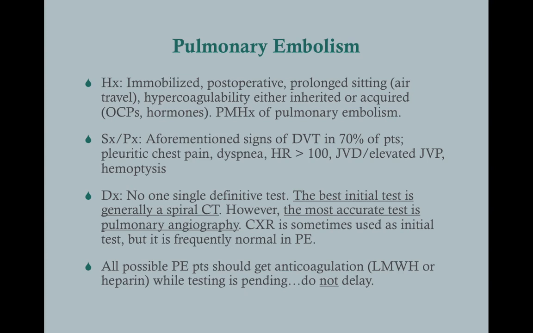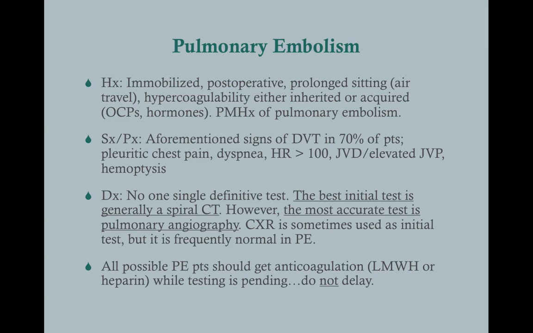All possible pulmonary embolism patients should be getting anticoagulation, so low molecular weight heparin or just unfractionated heparin, while the testing is pending. So even before you send them off for a CT, you should be giving them anticoagulation even before you get your results back. So you're not going to wait to treat these patients.